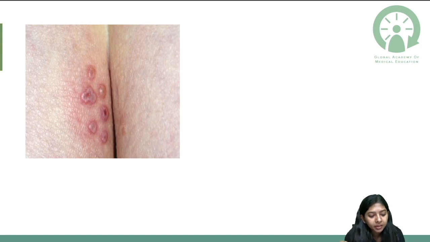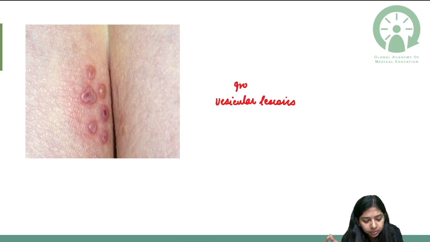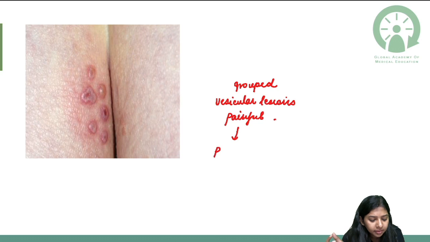You will get vesicular lesions, which are grouped together and which are painful, and they will rupture easily to form ulcers with polycyclic margins.